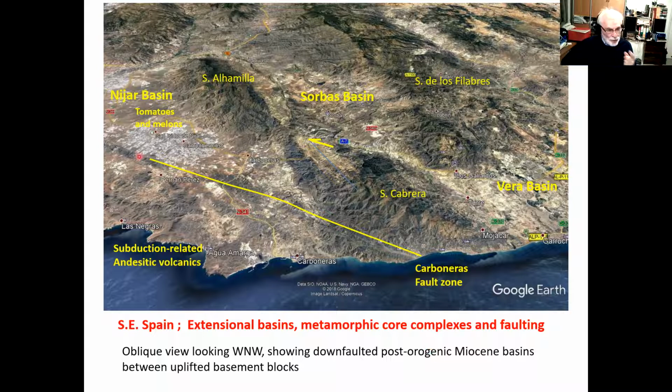So we'll have a look, first of all, at some of the features of the Carboneras fault zone, and then have a look at what's going on in the Sorbas Basin, because that's a good place to investigate contemporaneous features associated with basin formation forming at the same time as this fault zone is active.